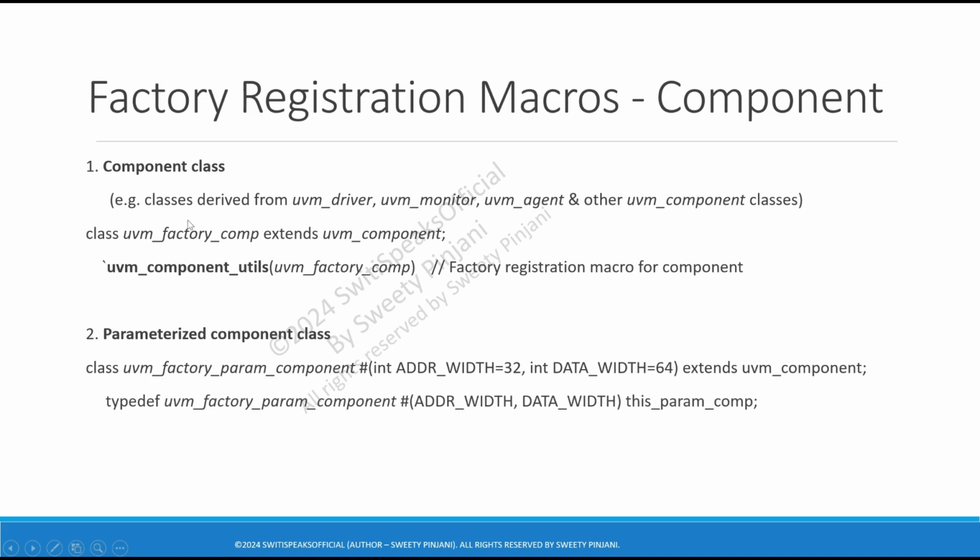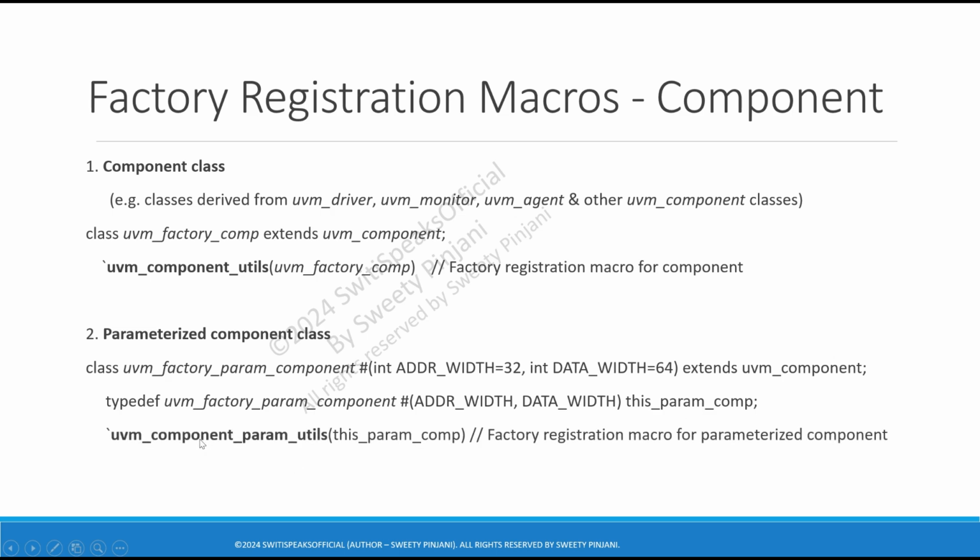In this case, UVM is providing you UVM factory param component. You are creating a type def UVM factory param component. You are passing the parameters address width and data width, and you are naming it something. I named it as this param com. This is the name. And this is the type def which you created.